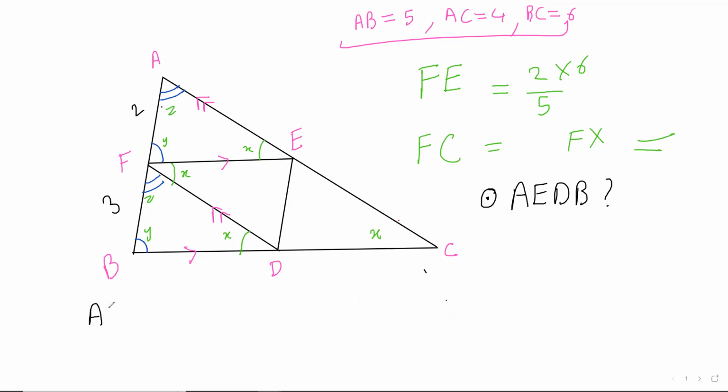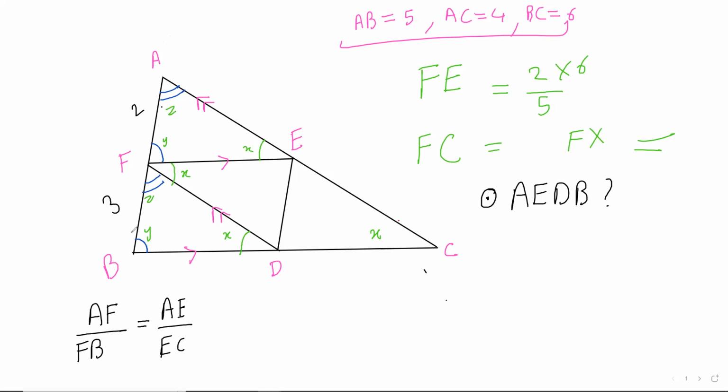So we had this AF by FB. Yeah, this you can see is equal to AE by AC. This has nothing to do with the angle bisector. It's just that FE is parallel to BC. So AF by FB is equal to this, this is what we have.